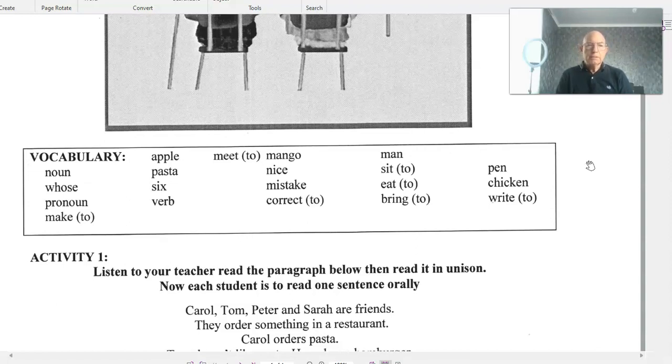Next line, noun. A noun is a person, place, or thing, as opposed to a verb. So in this set of vocabulary words, you have noun and you have verb. A noun would be the subject of most sentences, and the verb would be the action.